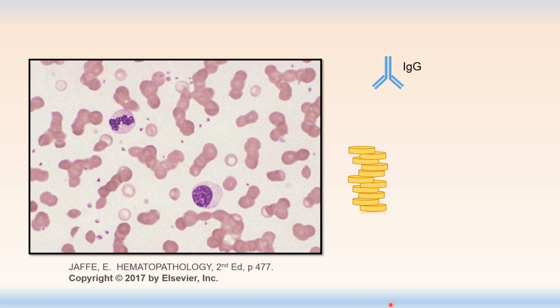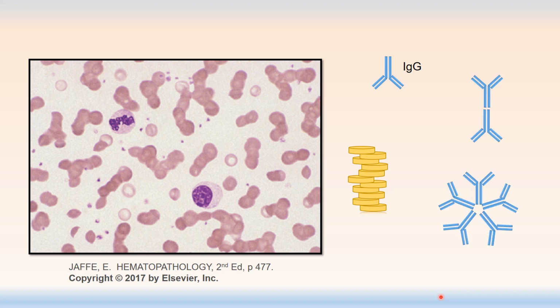This particular IgG antibody doesn't tend to cause significant enough hyperviscosity to create rouleaux formation unless it's present in excessive quantities. Now, if you had a more complex antibody, maybe one that looked like this, or one that looked like this, you can imagine that it'd be much more likely to get a viscous serum creating this rouleaux formation. All that is to say that rouleaux formation is much more common if you have a dimeric antibody being produced, like in our cases of IgA myeloma.